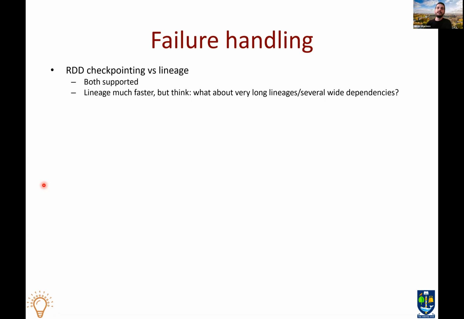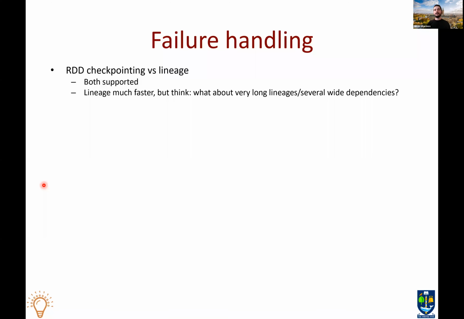So for every RDD, we've said in the past that we record the lineage, and the lineage allows us to recompute the RDD from the source. So we had read from HDFS, map, filter. That is the lineage of that final RDD. So if something happens and we fail in computing one of the splits of that final RDD, we can always go back and do read, map, filter on the source data.